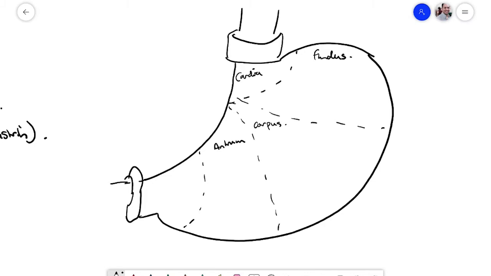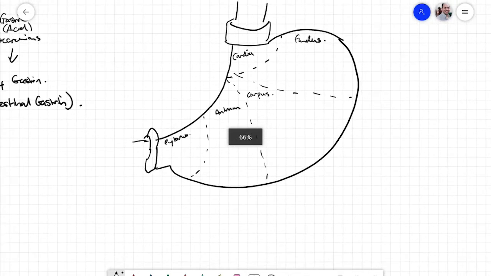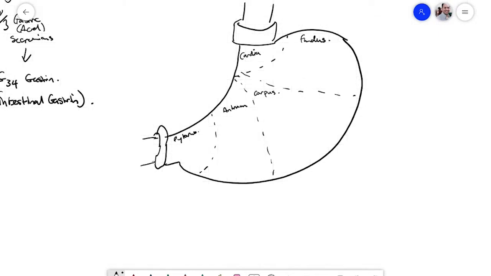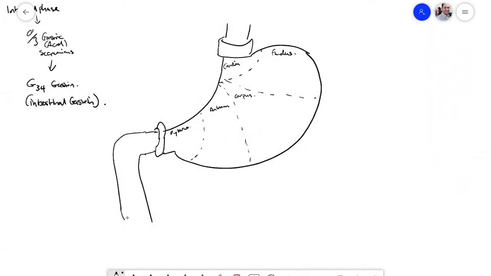Josie's probably going to kill me because I'm not getting these ratios correct, but I'm a physiologist, but that means this is the pylorus. And we can follow this down into the duodenum, like that. Let's colour them in so that we remember what we're talking about.